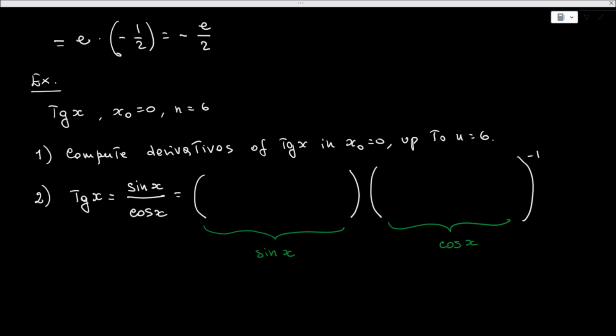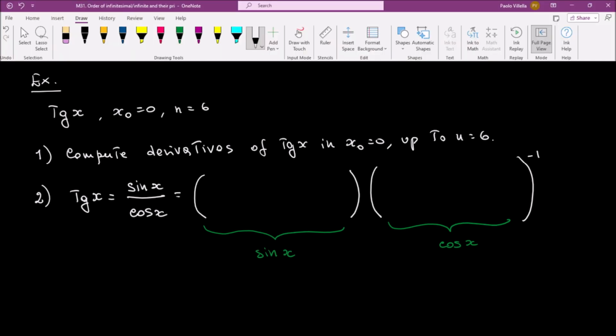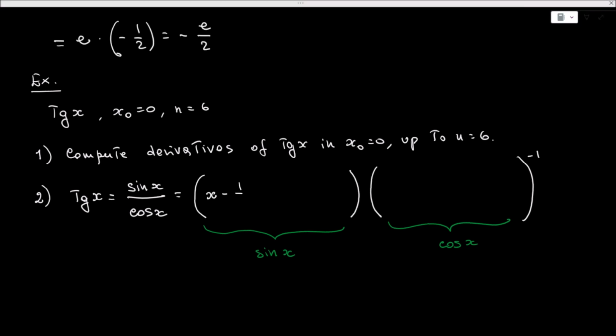Now, sine of x is x minus 1/6 x to the cube plus 1 over 120 x to the fifth, and of course this is where we need to stop, right? Because we know that we need to expand up to n equals 6, and the next term is going to be x to the 7, so there's no point in moving forward. So we will just write little o of x to the 6.